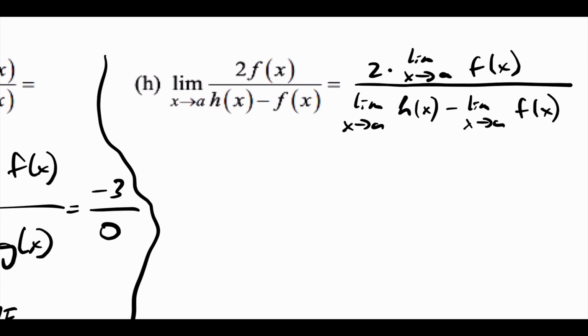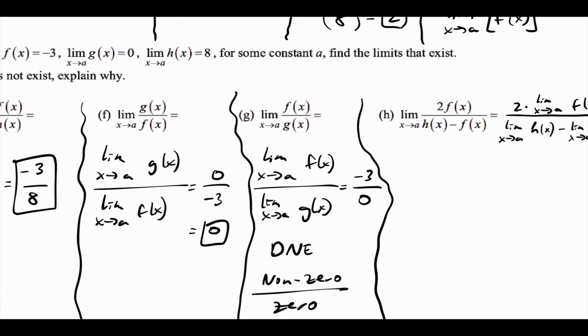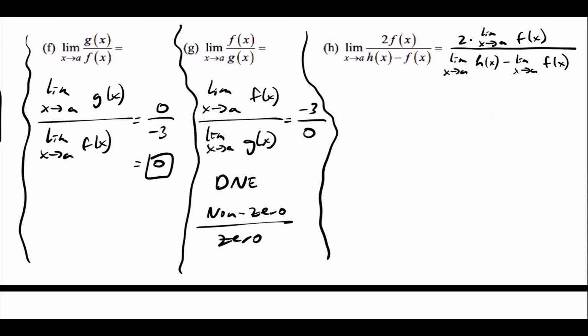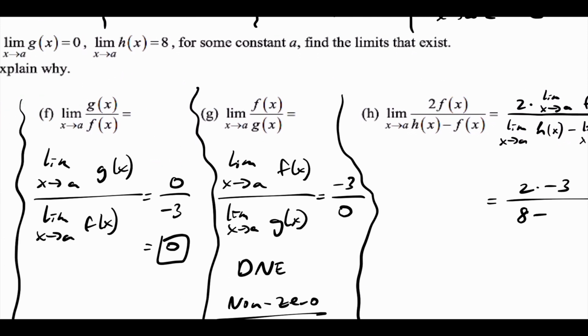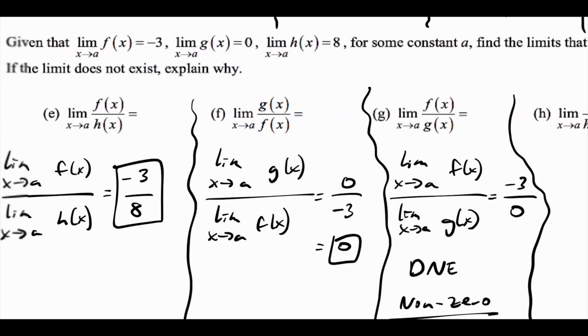That's the first thing. Okay. So the limit of f of x at a is -3. So the top is going to be 2 times -3. The bottom, h is 8 minus, oh, sorry, -3.